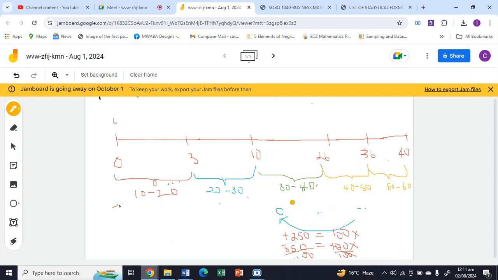And then you ask yourself, where can I find the 20th position? Definitely we'll find the 20th position here. So our median class is the class from 30 to 40, or in actuality, 30 to 39.99999.